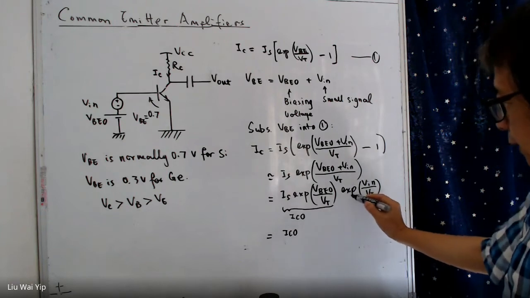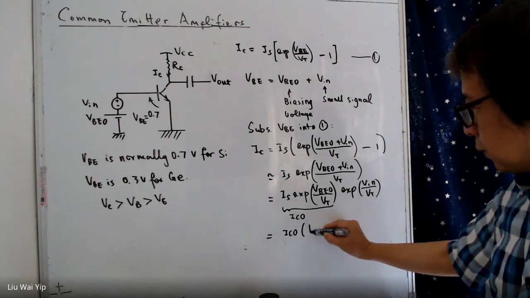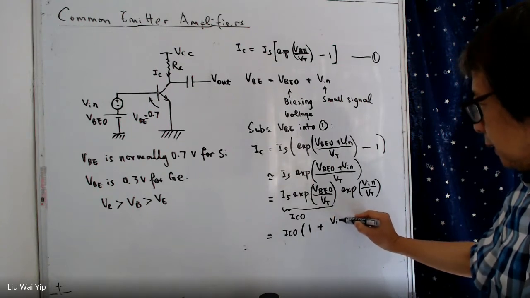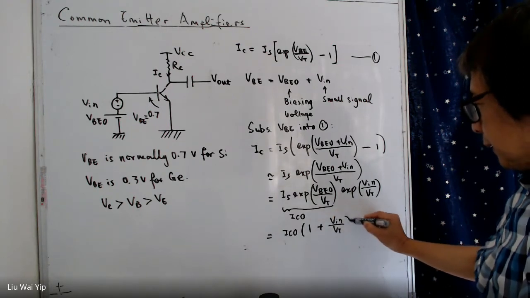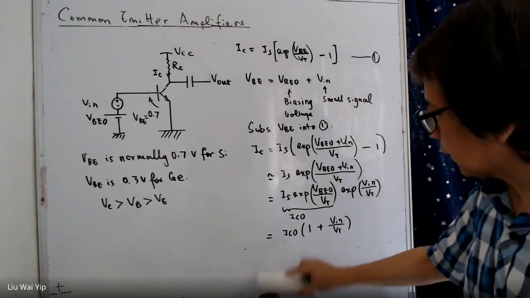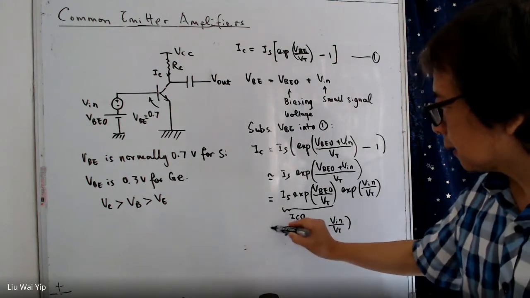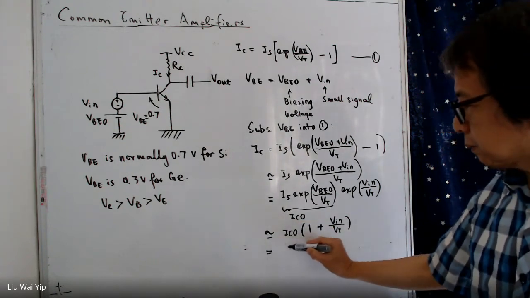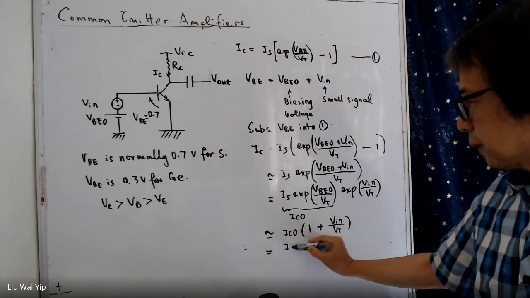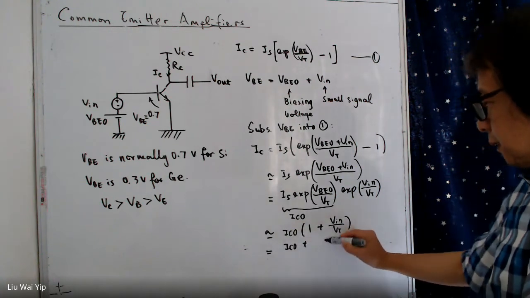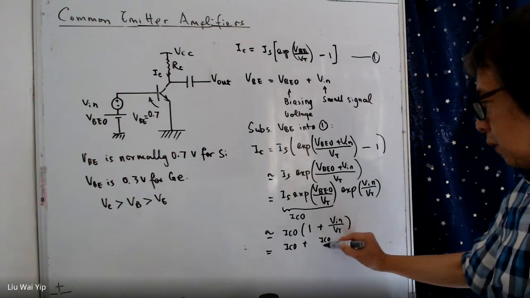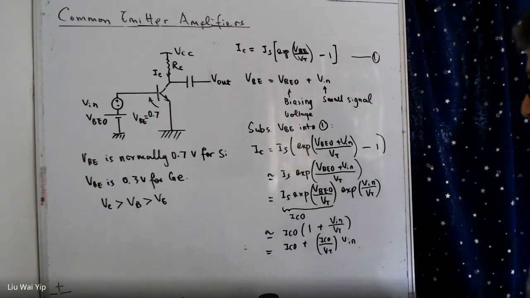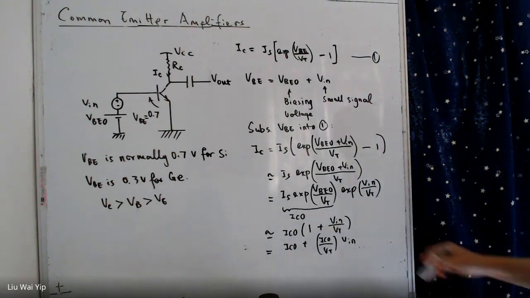And remember, this term is approximately equal to 1 plus Vin divided by VT. So if we further simplify this, it will be IC naught plus IC naught divided by VT times Vin.